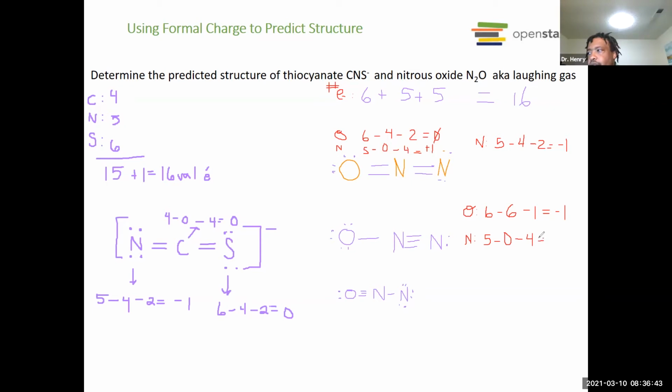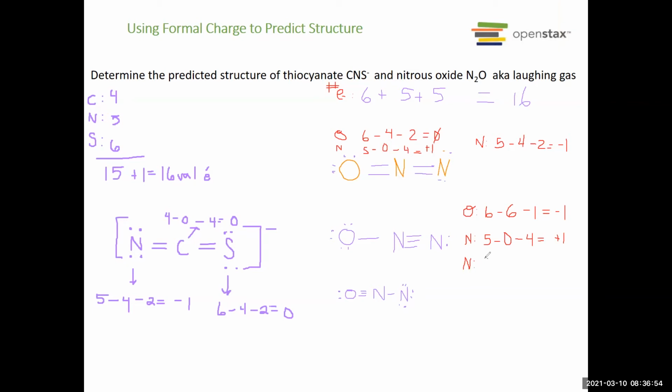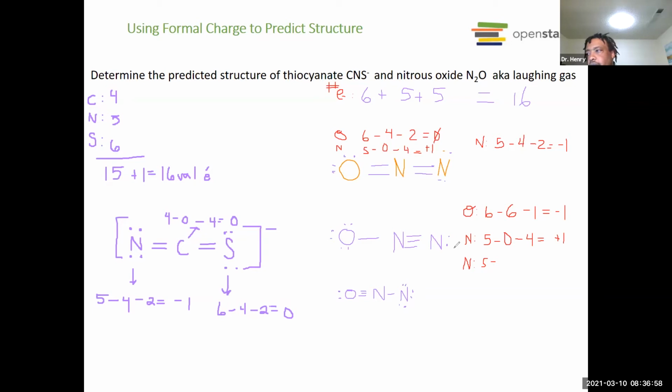Okay. So then that means that will be +1. And then the nitrogen on the end, number of valence electrons nitrogen has, 5. Number of lone pair electrons, 2. Number of bonds, 3.